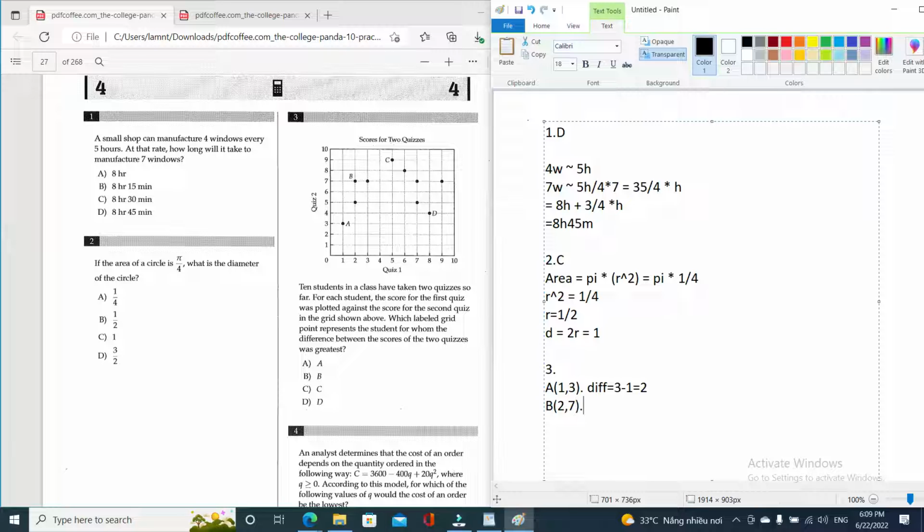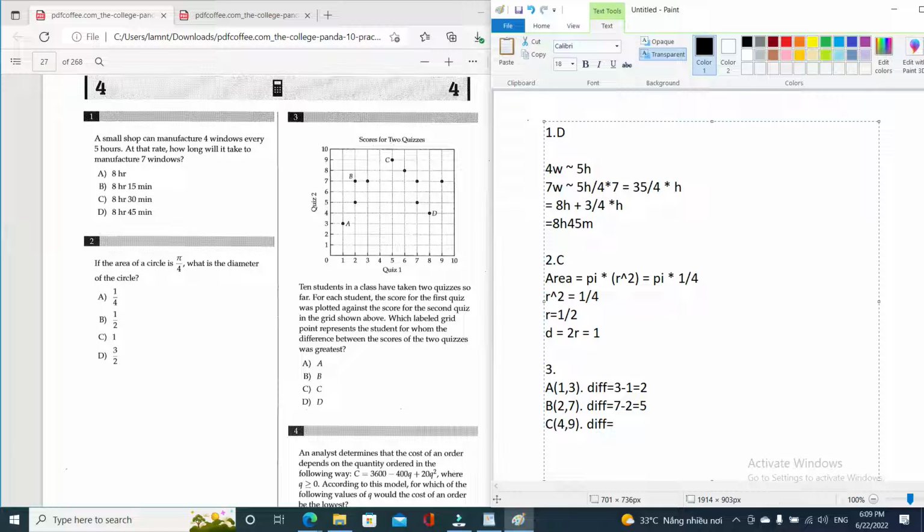So I'm just going to take the y coordinate minus the x coordinate, and find the absolute value. In this case it's 7 minus 2, so that's 5. All right. So C is 4, 9. So the difference is 9 minus 4. No, sorry, it's 5, 9.